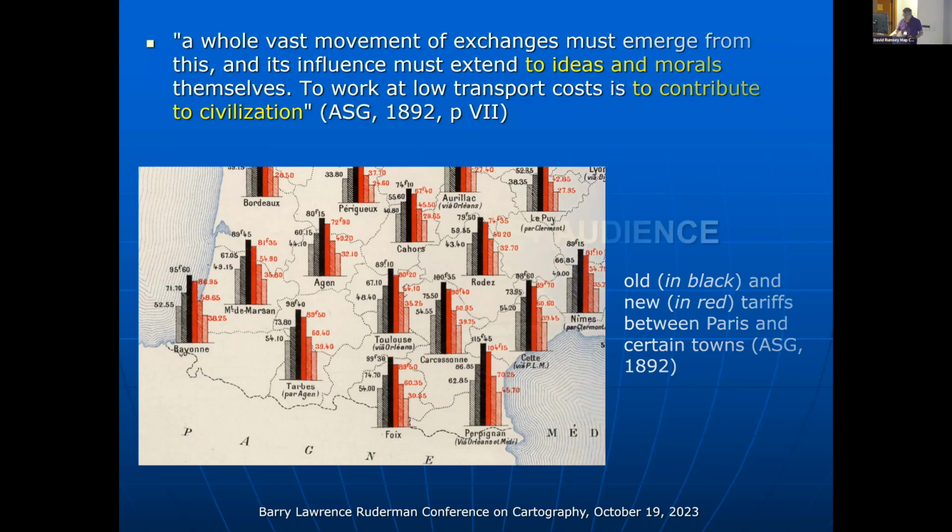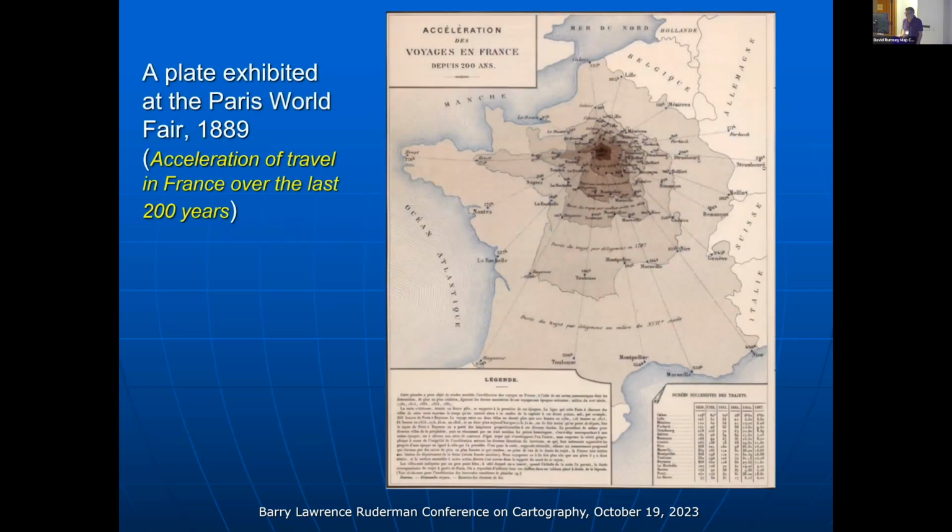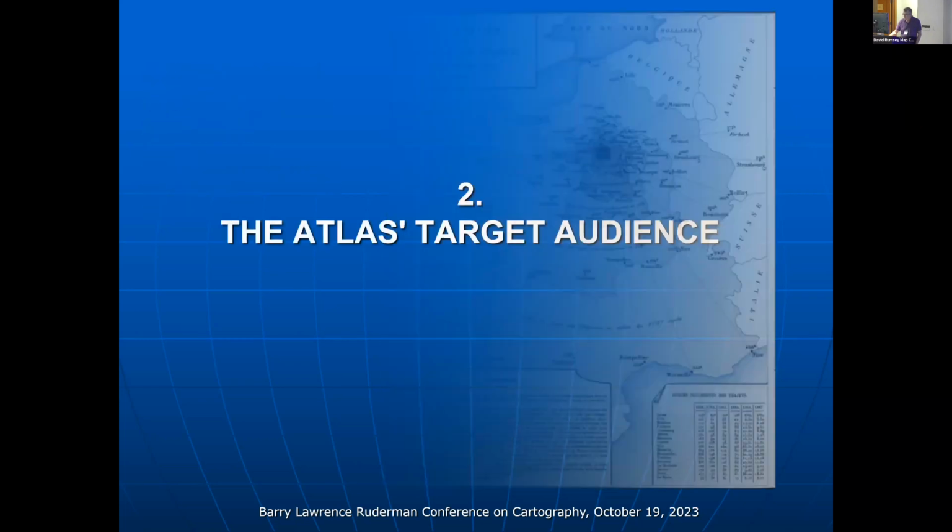With regard to readership, the albums had a dual target, a broad, cultivated public and certain circles of what we would call decision makers. I will come back to this one later.